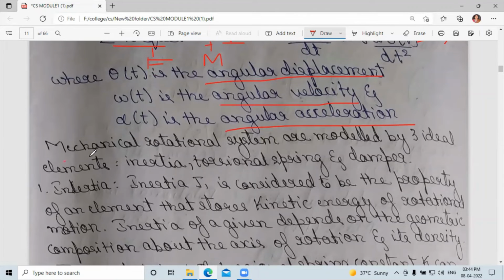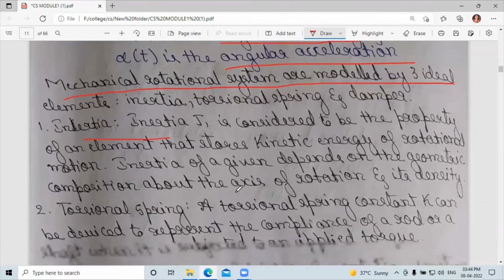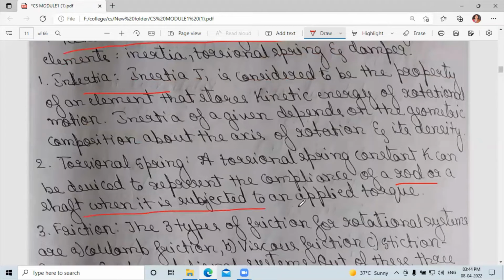Similarly, mechanical rotational systems are modeled by three ideal elements: inertia, torsional spring, and damper. Inertia stores kinetic energy, and the torsional spring stores potential energy, like a rod or shaft subjected to an applied torque.